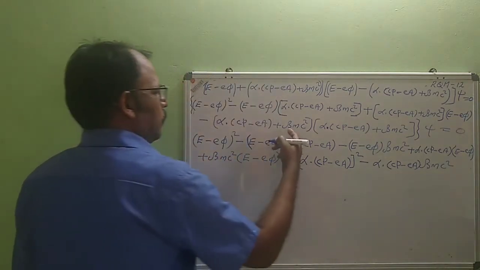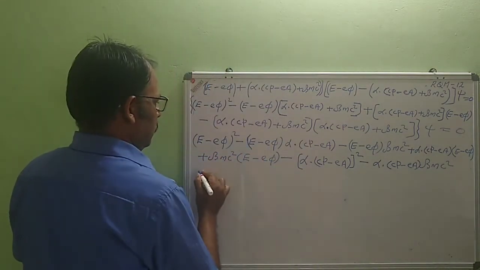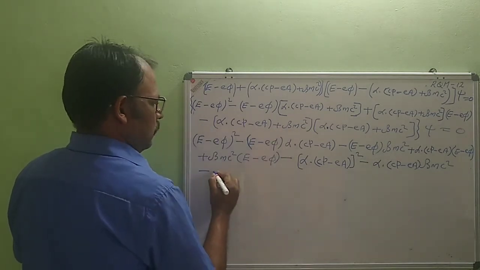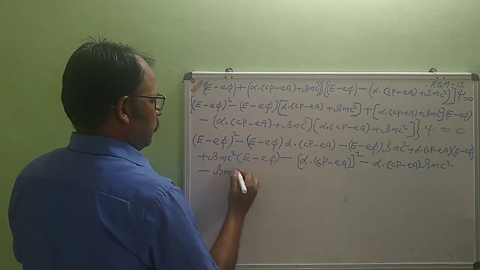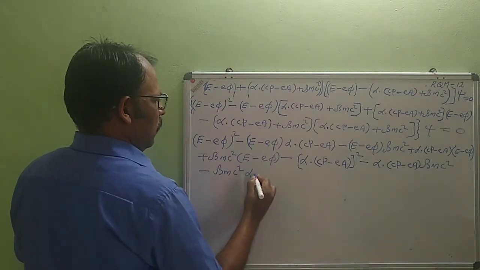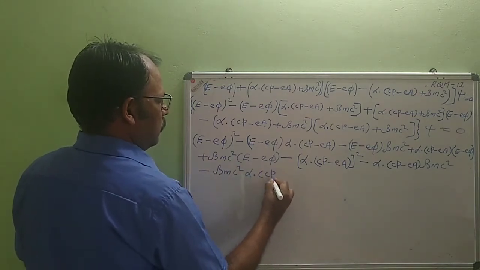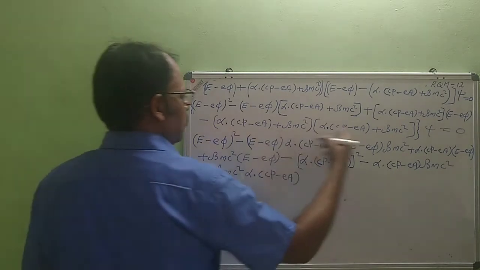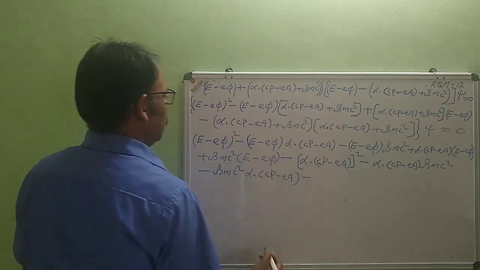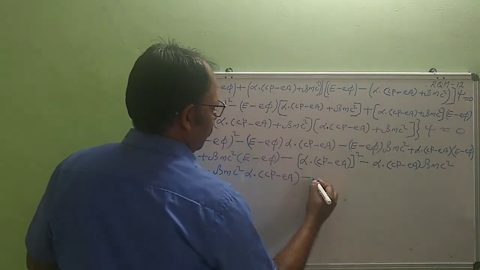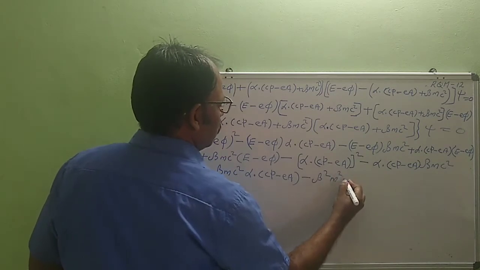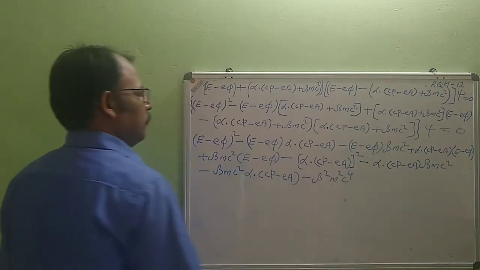Beta m c square. Now minus beta m c square into alpha dot (Cp minus Ea). Now the last term: minus beta into beta square m square c raised to 4.